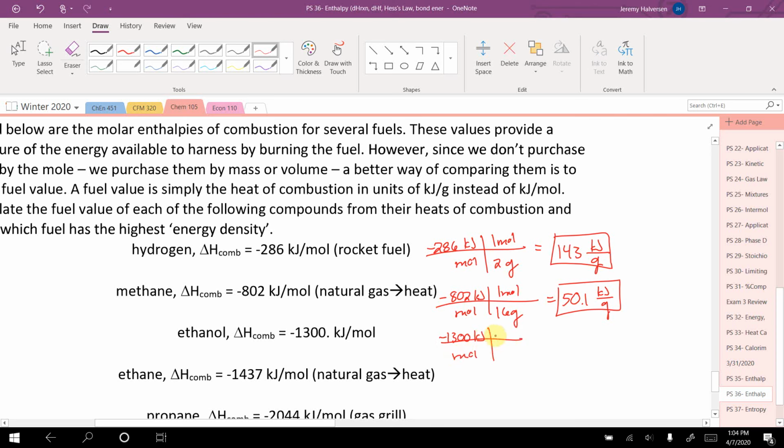Ethanol, C2H6O, has a molar mass of 46 grams.